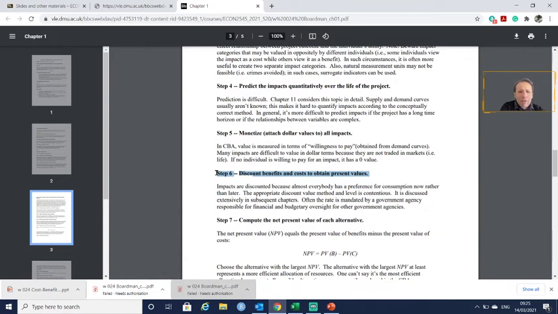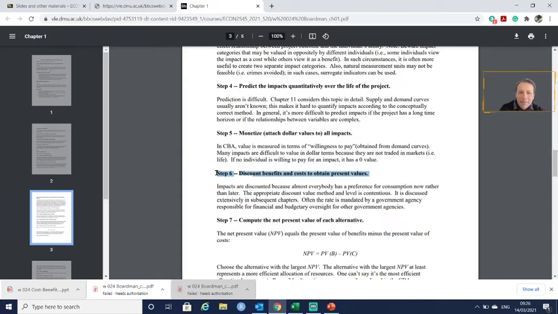Often the rate is mandated by a government agency responsible for financial and budgetary oversight of the government agencies. In reality, sometimes we use rates that are different from the treasury bill, because sometimes treasury bills are only rates that are accessible for banks, and we want to know what the costs are for businesses, if for instance a business is the one conducting the CBA.